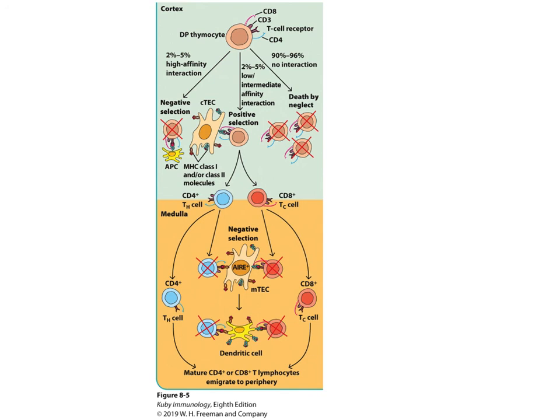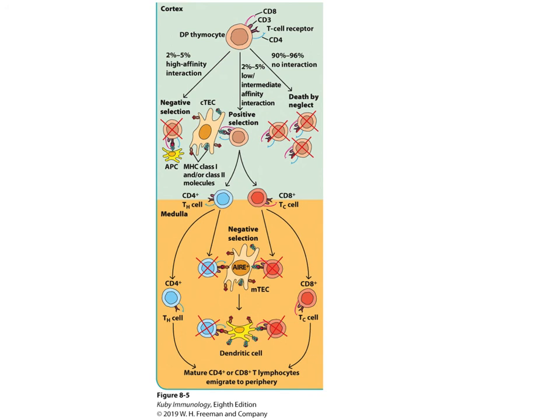Okay, and then what we're looking for is low to intermediate affinity, and that would then be positively selected for. Okay, because again, these ones can bind with the MHC, but it doesn't bind so strongly that it would kind of artificially activate, short circuit, if you will.